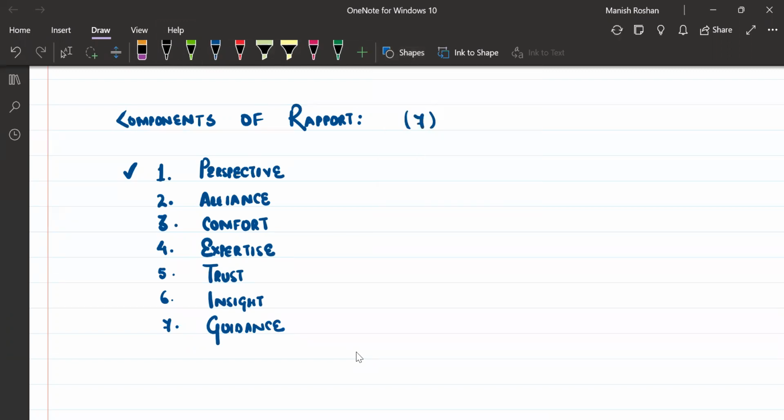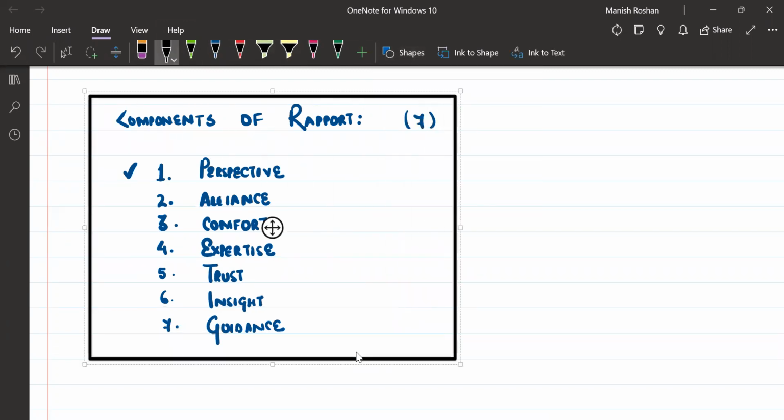So these are the 7 components of rapport. You also have to remember it.